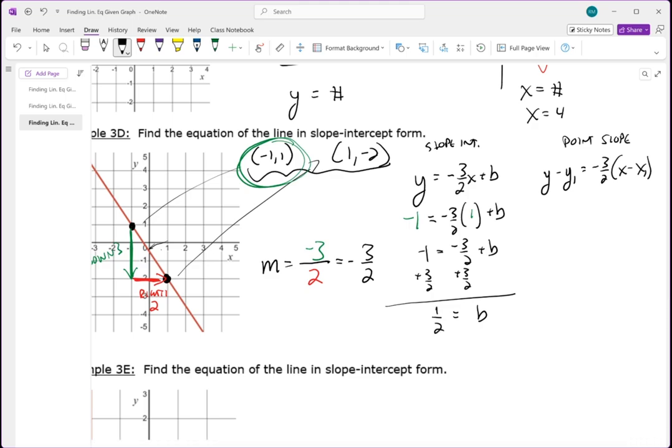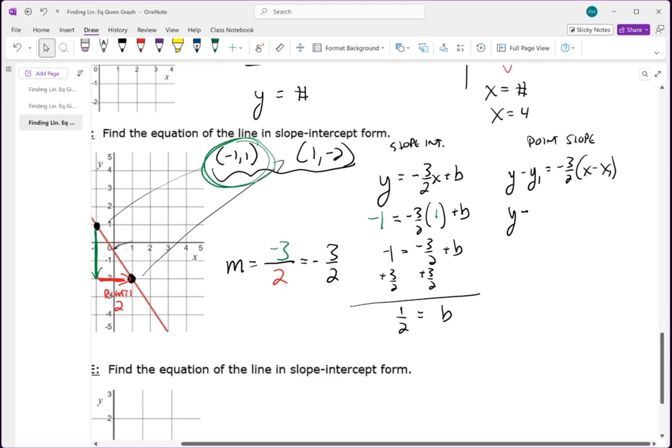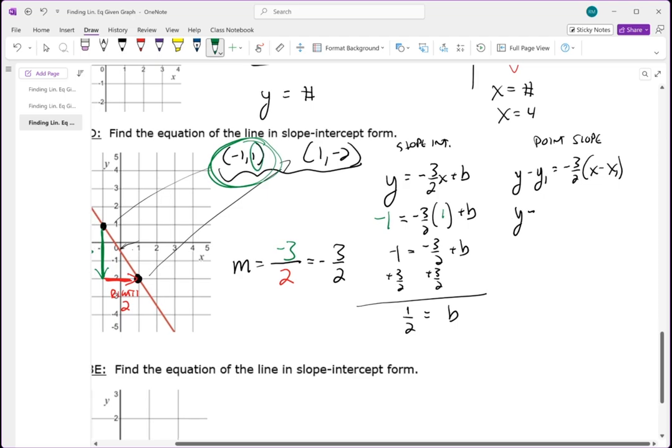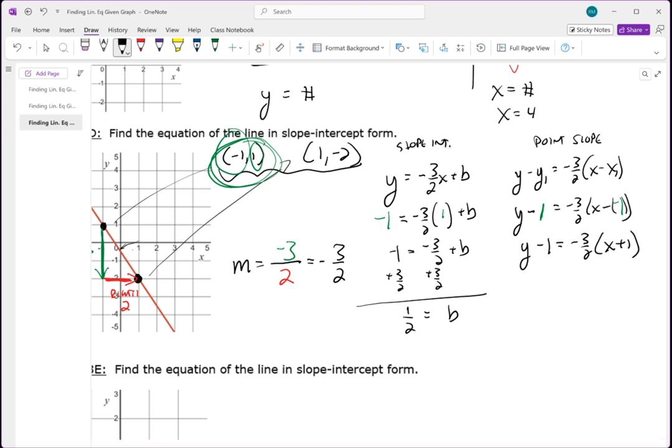If I do it this way and I plug in my point here, so I'm going to plug in my y value right there and my x value right here, I'm going to get the same answer because I'm going to have -3/2. This would be x plus 1 because two negatives are going to equal a positive.